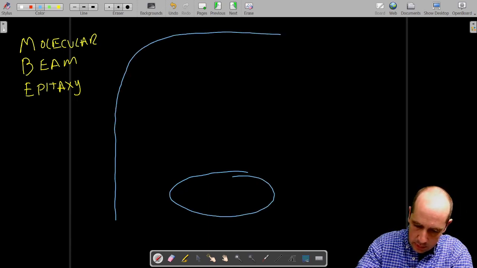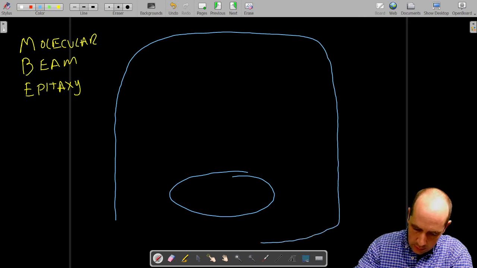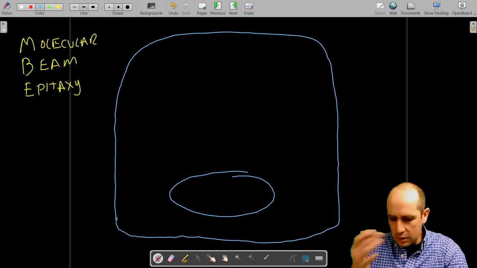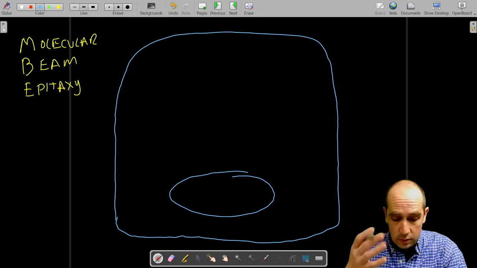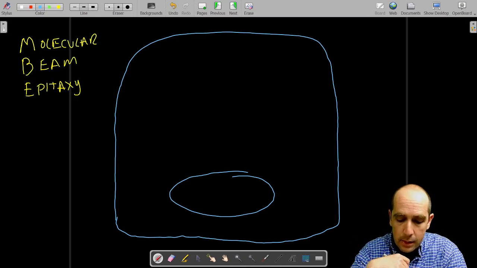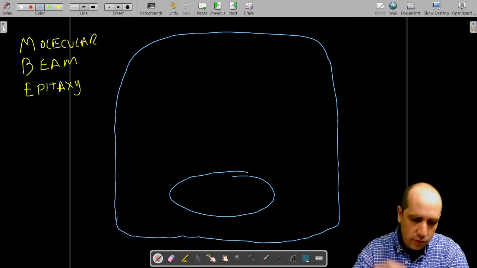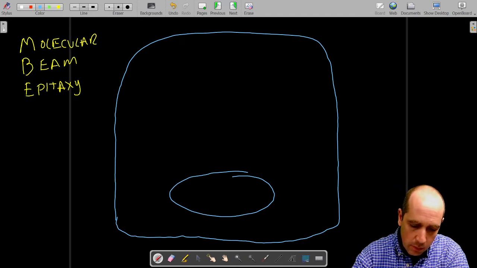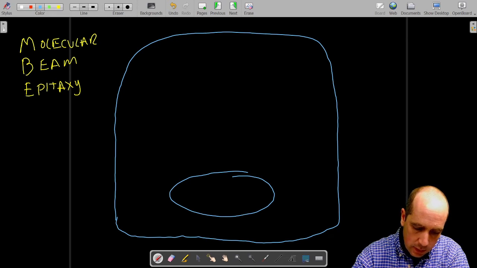So let's just draw here a vacuum chamber. And this vacuum chamber is actually a very good vacuum chamber, so the amount of gases that are still dispersed there is really very small. Some of the best vacuum chambers that can be produced are used in this type of growth.